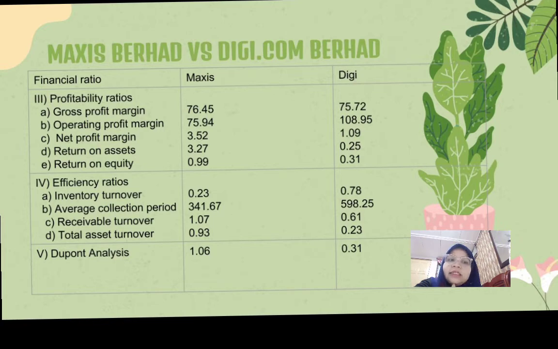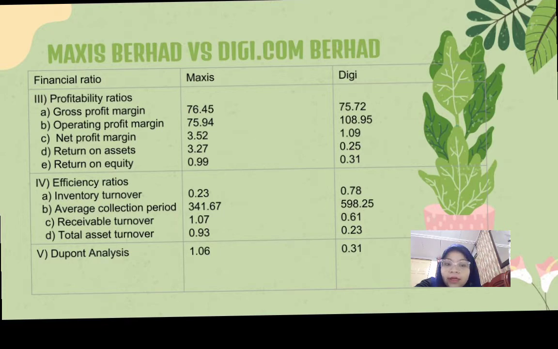This indicates DiGi is better at measuring how many times inventory is sold or used in a period. This is calculated to see if the business has excess inventory when compared to its sales level.